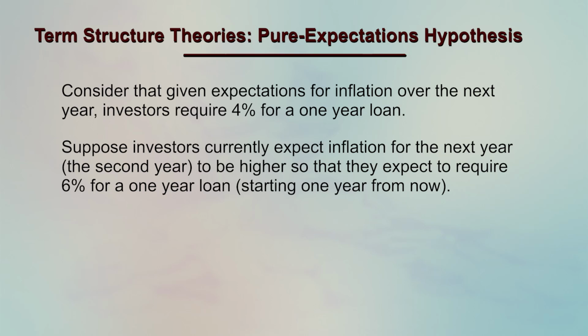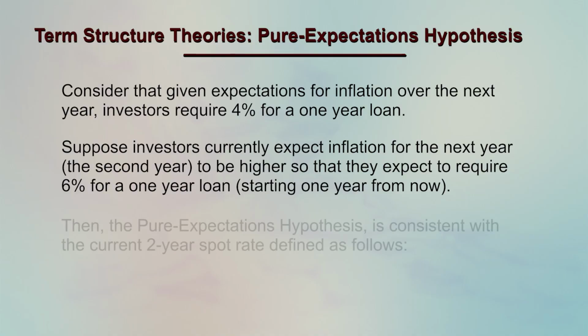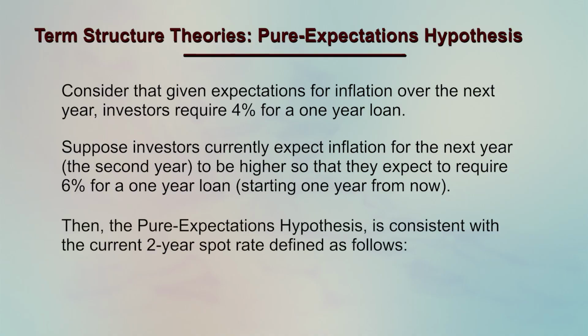That means the expected inflation is already incorporated in the model, and they require 6% for a 1-year loan starting 1 year from now. Based on the higher expected level of prices or inflation, the interest rate is expected to be around 6%.